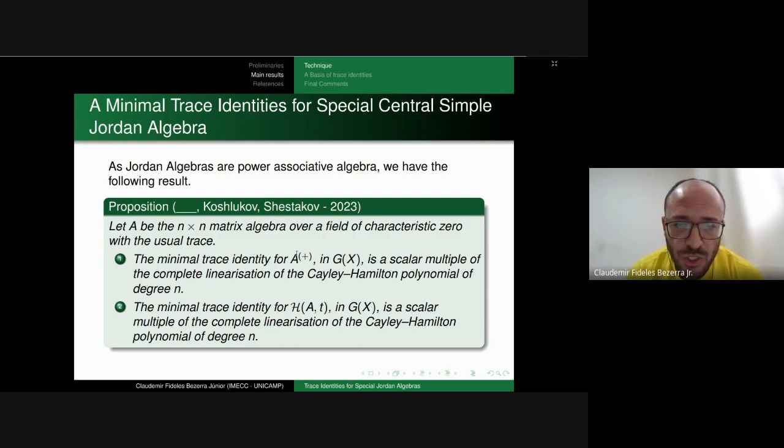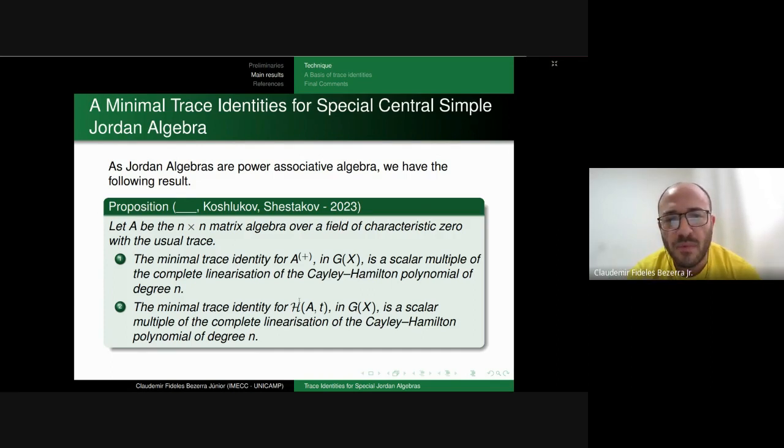When we consider the Jordan algebra of the symmetric elements under this involution, we have a similar result for the minimal degree of the trace identity for the Jordan algebra.